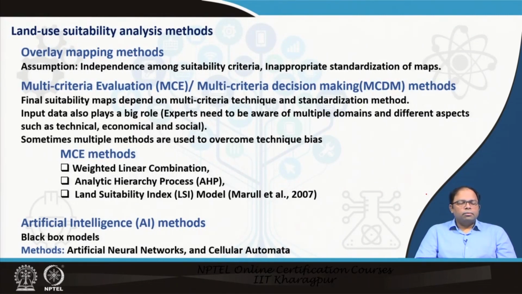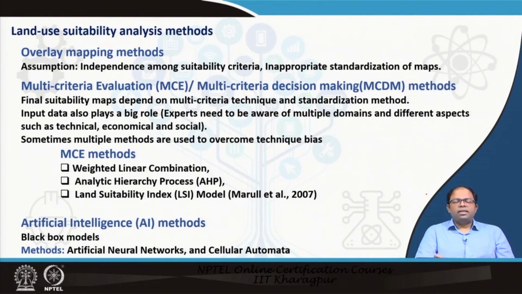So there are different land use suitability analysis methods that are used. We have already discussed them. Overlay mapping method, this is where we have talked about the sieving method. So we assume that the different criteria maps that are being used are independent of each other.